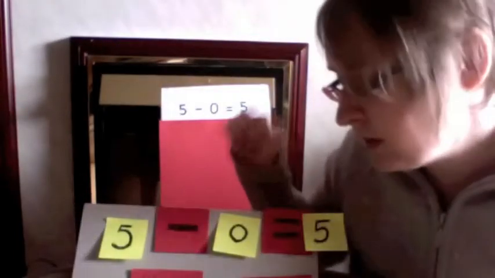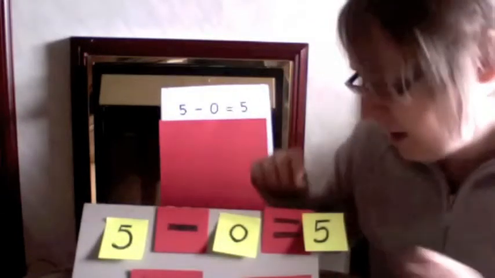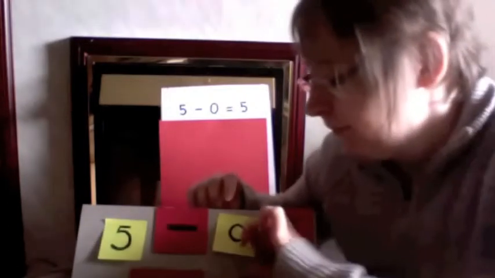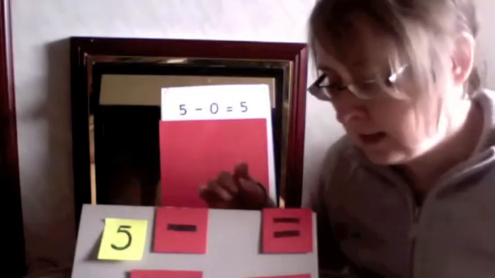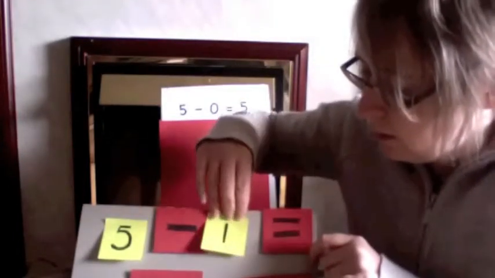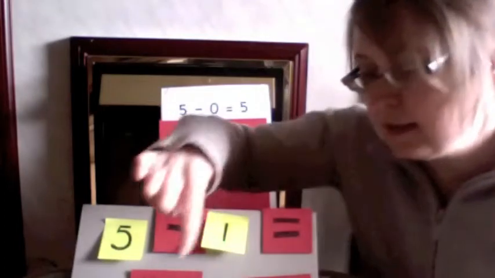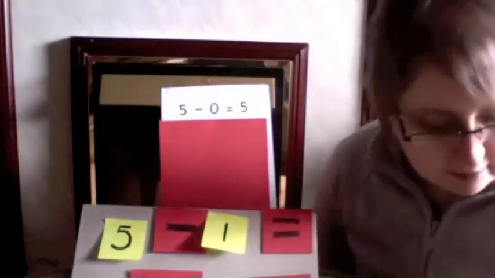Okay, let's move on to another one. Let's change our subtraction number here. Take that away. And this time, let's take away 1 clip. So if I put 5 take away 1, and we take 1 away from our tub, we find 4 are left.